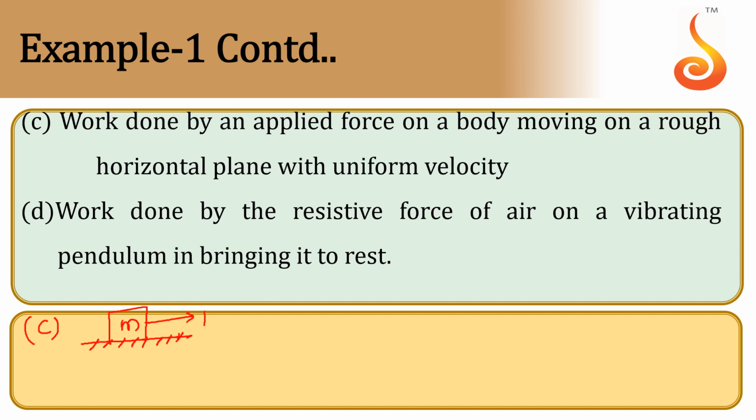Now we are applying a force F, and because of it the body starts moving with uniform velocity. That means an equal amount of friction is also applied in the backward direction, but we are talking about our applied force. So our applied force is making the body move along the horizontal direction through a distance s.